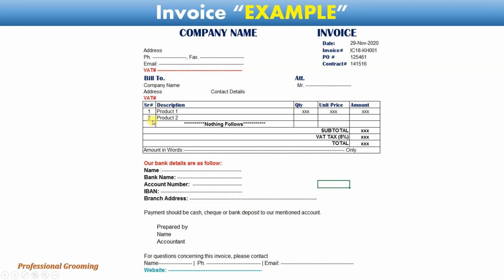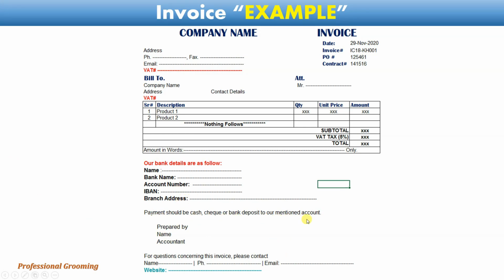After that, the invoice should contain a serial number, a description of the product 1, 2, 3, 4, 5, whatever the details of the products you need to mention here, the quantity of the product, the unit price and the total amount. After that, subtotal, tax, and the grand total. Amount in words. You should mention here your bank details: name, bank number, account number, IBAN, branch address, whatever.